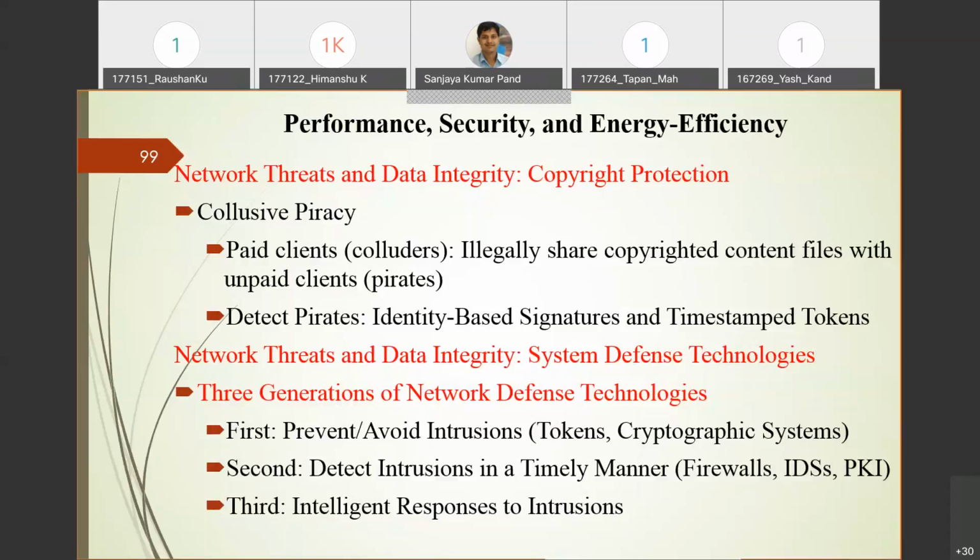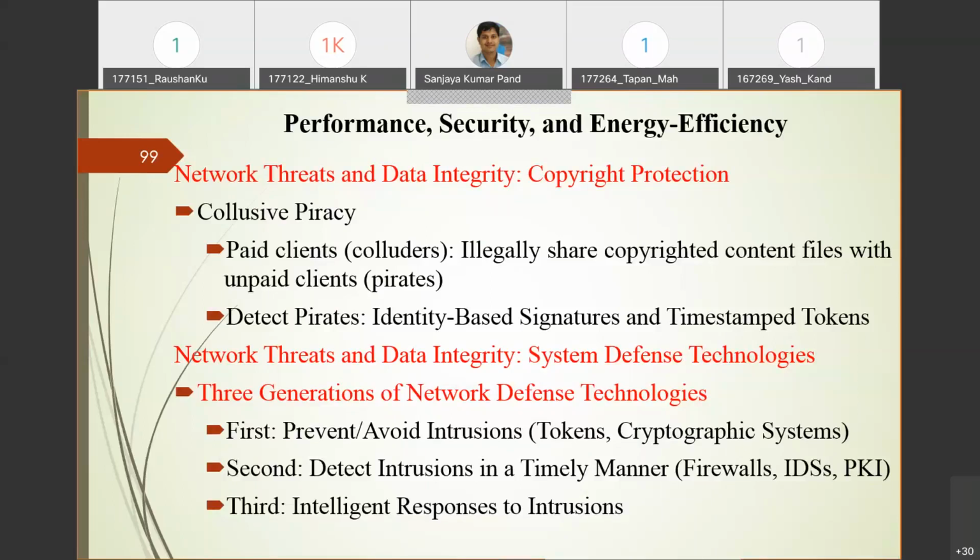Or we change our password repeatedly. Many websites also say that after 6 months you are forced to change your password, right? So preventing or evading intrusion is possible by issuing a particular token or by applying some cryptography system. At that time, security was not that mature in the first generation of network defense systems.